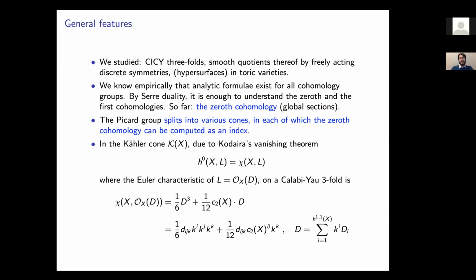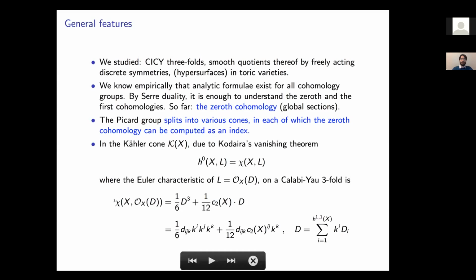You start with the Kähler cone of the manifold, and because of Kodaira's vanishing theorem, you know that in there H0 is equal to the Euler characteristic computed on X. So I put here the formula explicitly for the Euler characteristic. So L corresponds, because of the line bundle divisor correspondence, to a divisor class D.